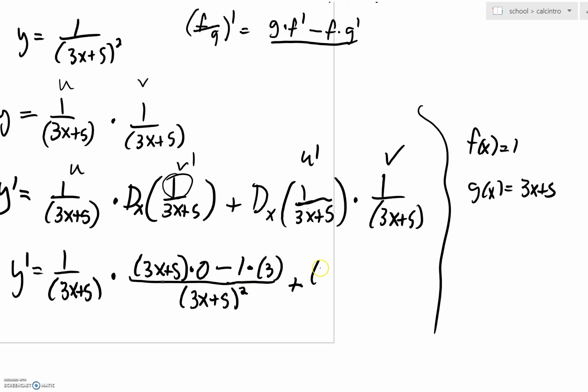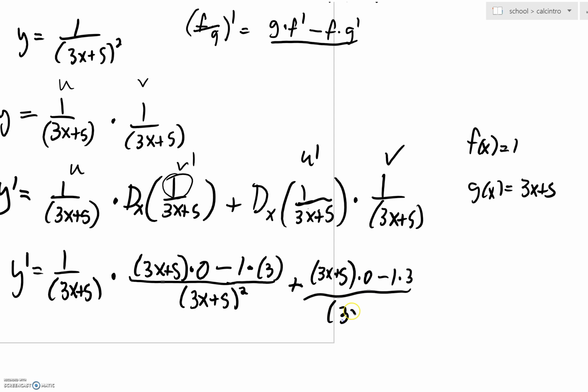So it's low d high minus high d low all over low squared. The cool thing is you just did all this work for that derivative off to the side. You're doing the exact same thing over here. It's really going to be exactly the same setup. And wow, look at this. Multiply anything by 0, that completely wipes out. So what do we have? We're going to have negative 3 up here.